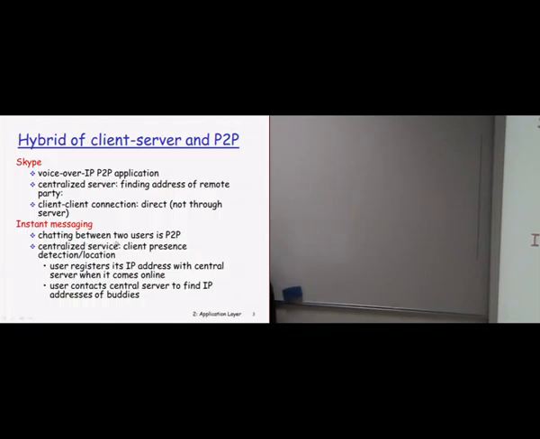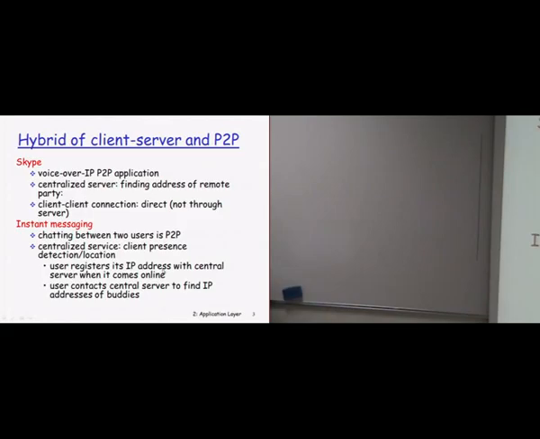Users register their IP addresses with the central server when they come online, and they are authenticated basically at the time of authentication when they give their username and password and log on to the instant messaging server, for example MSN, Yahoo Messenger or Google Messenger, whatever instant messaging services are used.